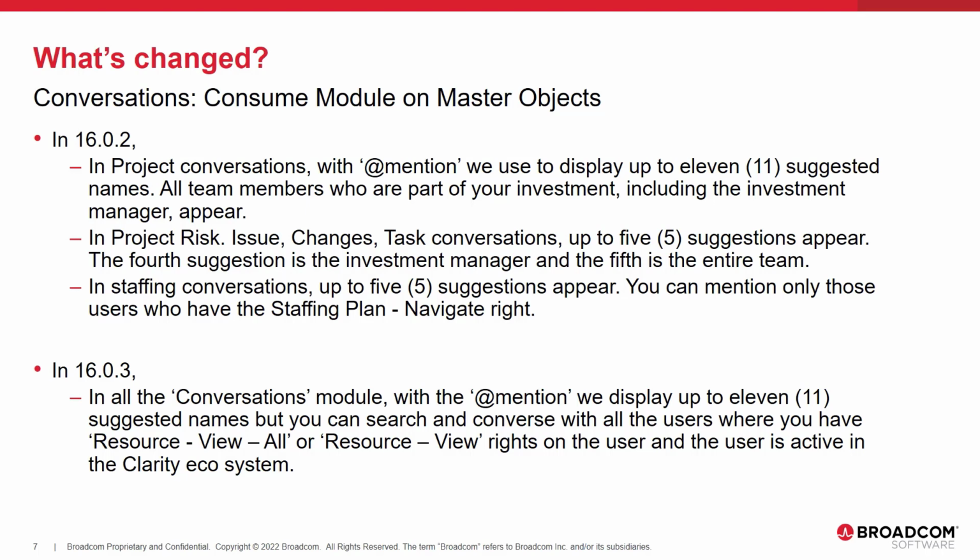The 4th suggested name is the investment manager, and the 5th one is the entire team. In staffing conversations, up to 5 suggested names appear. User can use @ mention only with those users or resources who have the staffing plan navigate right.